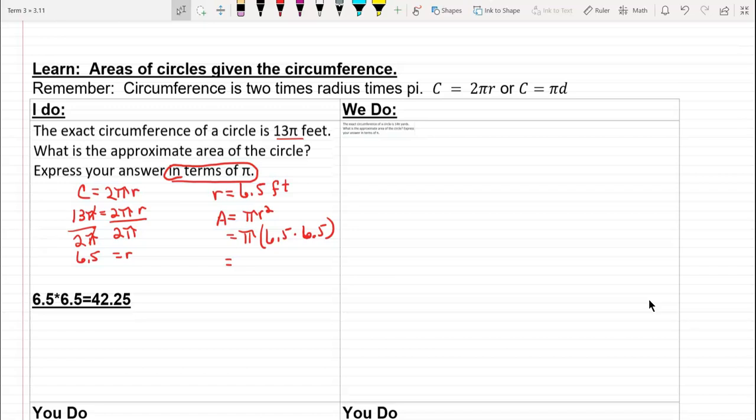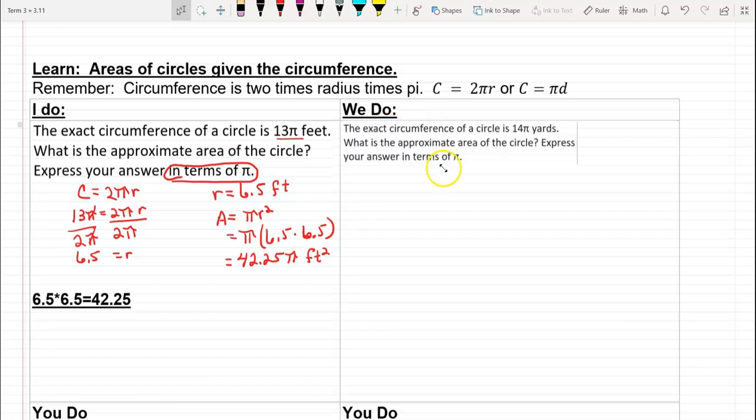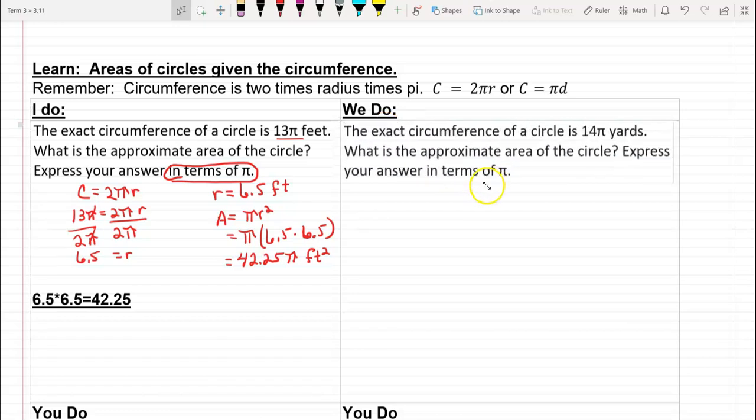So the area of this circle is 42.25 pi feet squared. So I would pause the video real quick and record my notes. All right, moving on to the we do problem.